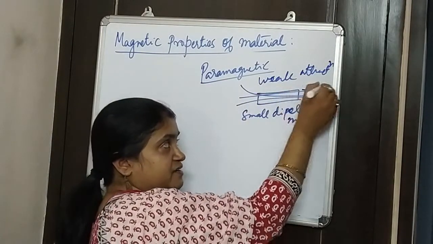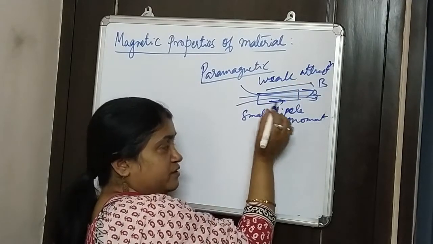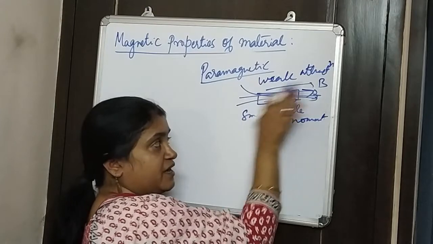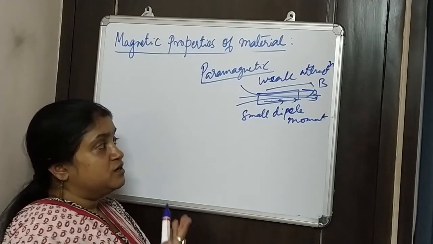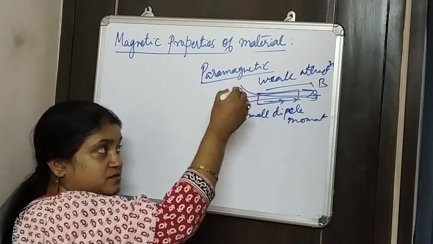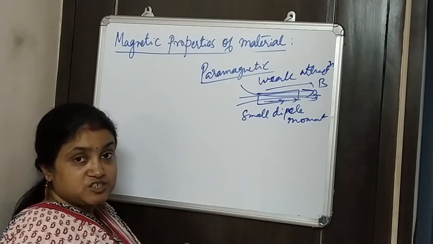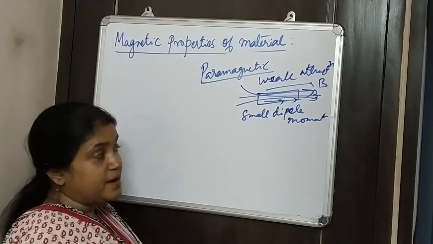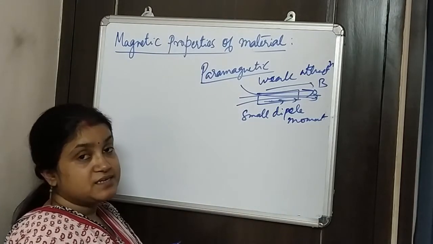Suppose this is the magnetic field direction B, then the magnetic dipole moment would also align in the same direction as B, and therefore a weak attraction would happen between the magnetic field and the paramagnetic substance.